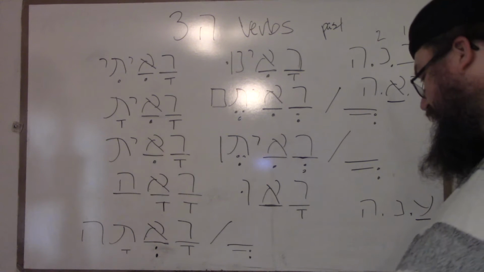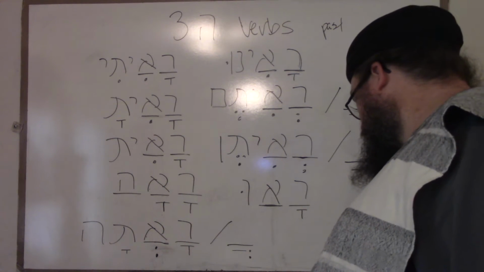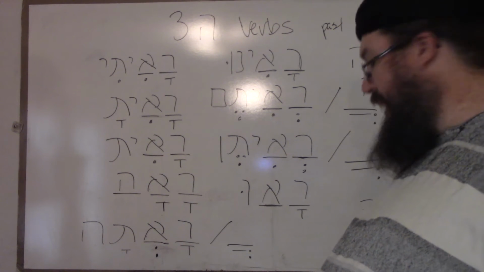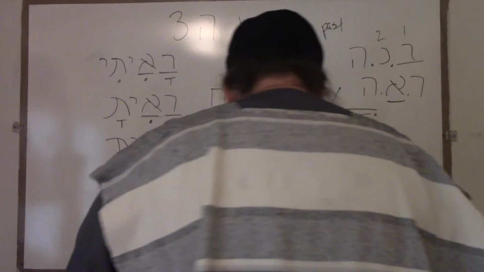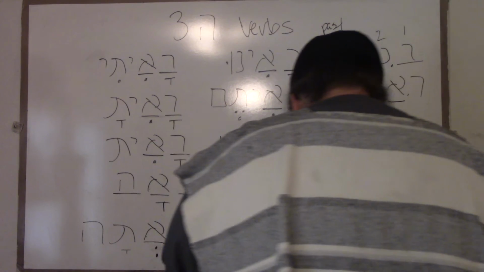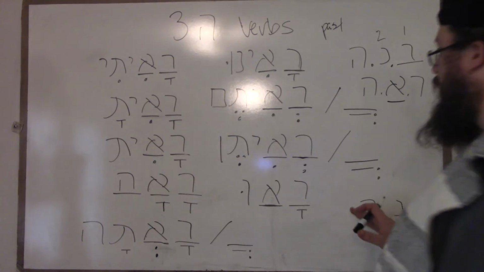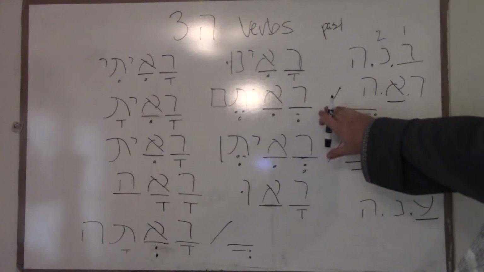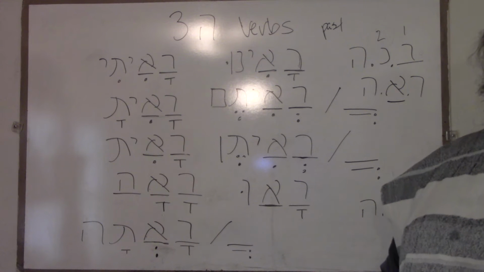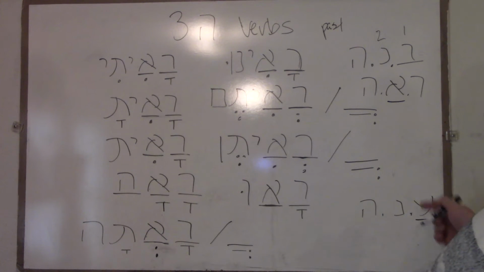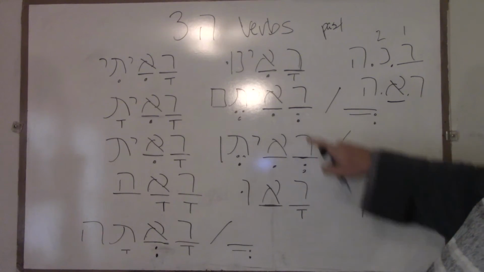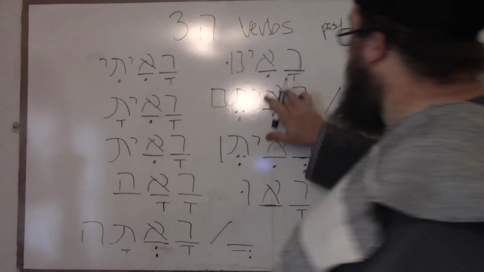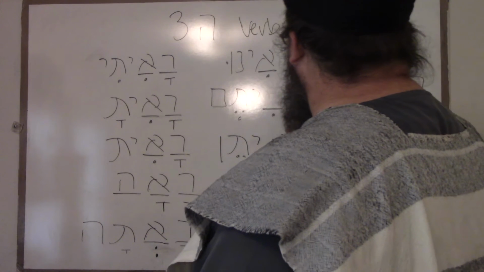We're going to keep the form as it is, with the exception of these two second person plural forms. Instead of the shewa here, because of the ayin, I'm going to replace it here for a second so you can see.